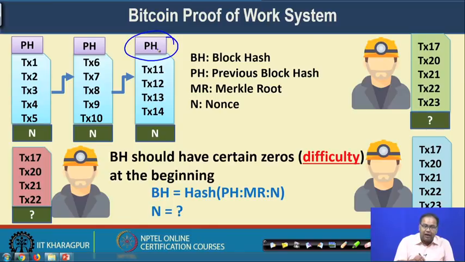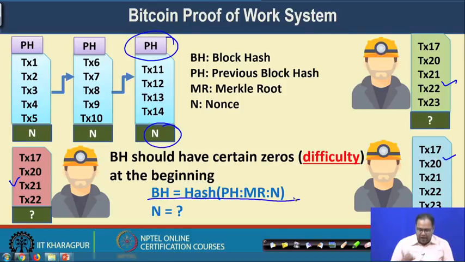We have this previous hash value and one nonce value which is included in every block. We need to include one of these existing 3 proposed blocks with the existing blockchain. So, every miner will try to find a nonce value which will satisfy a certain hash equation.